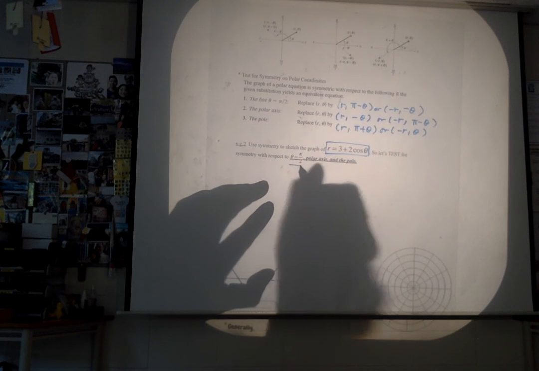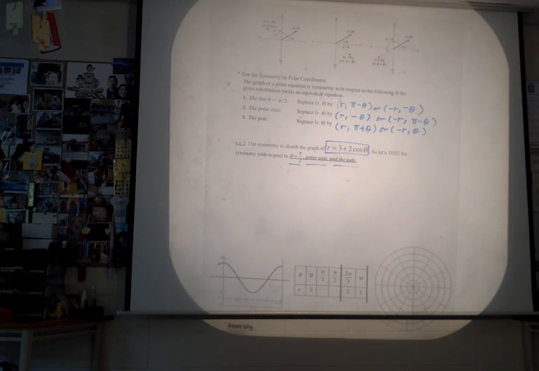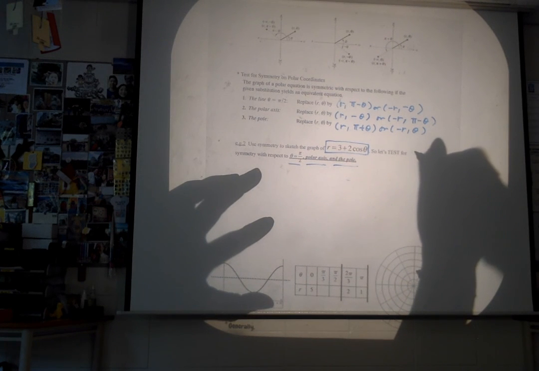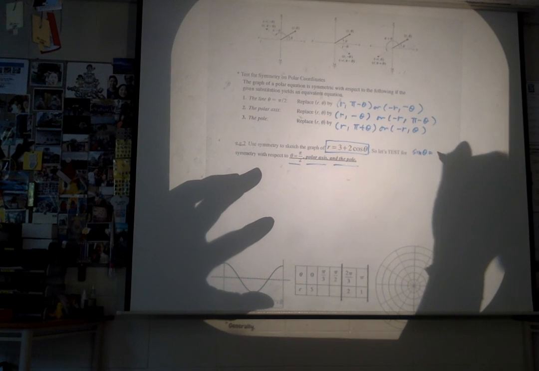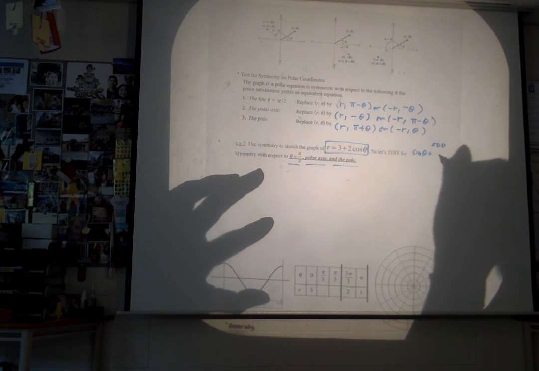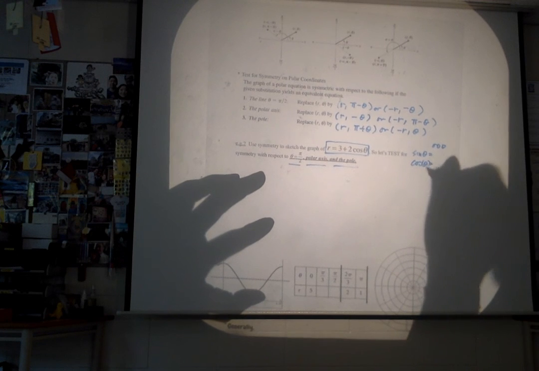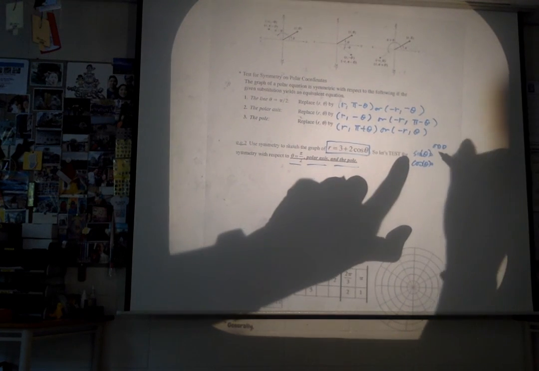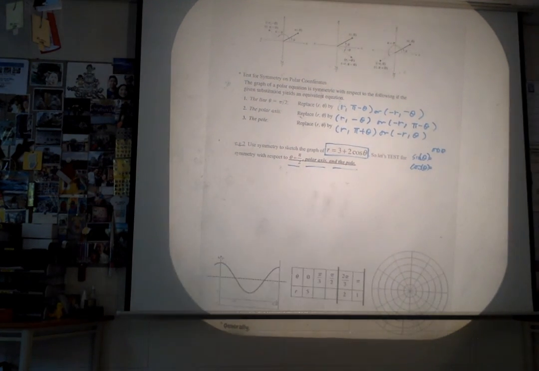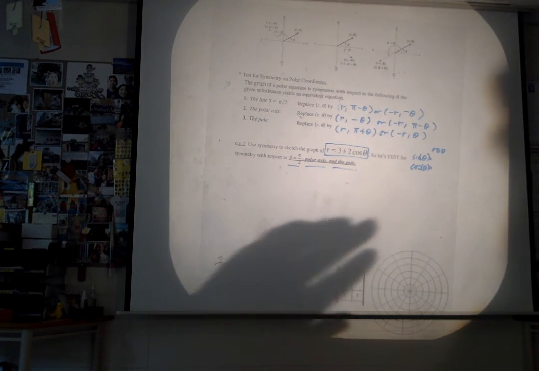We're going to test for the 3 symmetries, the ones that we know. I'm going to show you one case where it actually fails, but I want you to remember something here. Do you remember that sine is an odd function? And cosine is even.